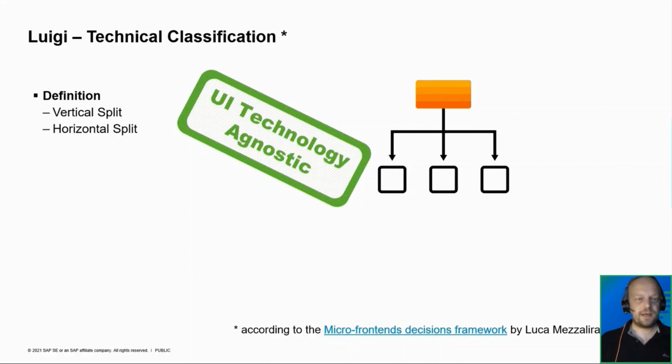And the other category is horizontal split, which is more in a way that several Micro Frontends are at the same view at once, so that one view is composed out of several Micro Frontends.